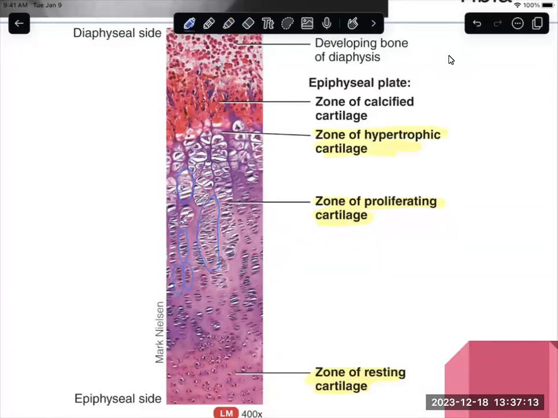The zone of hypertrophic cartilage. You can see these chondrocytes have gotten larger. And then the zone of calcified cartilage.